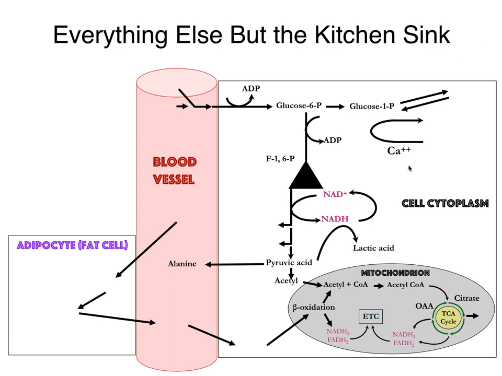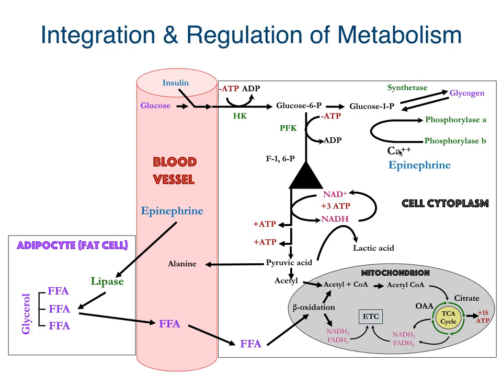What we can see here is calcium. Calcium is present and able to stimulate that drive from glycogen back down into the beginning of glycolysis. So if we look very quickly here, here's our calcium, and this helps drive the harvesting of glycogen.